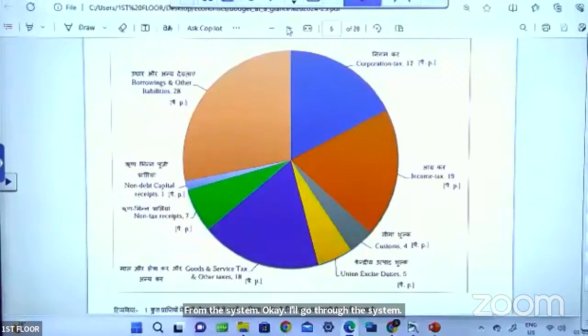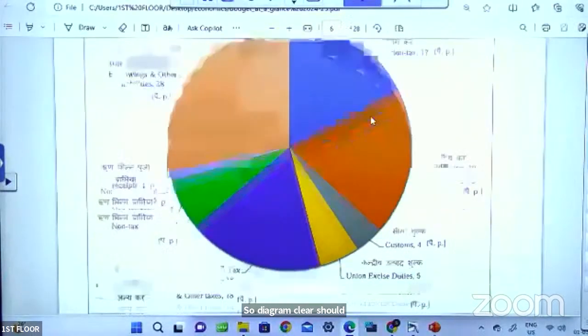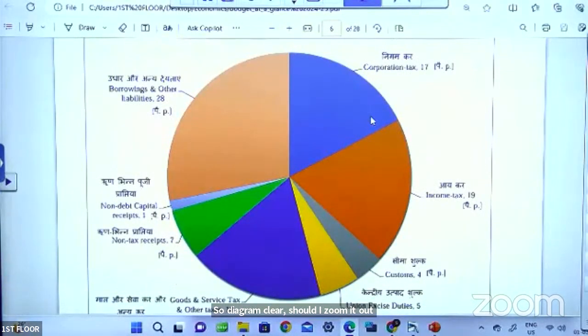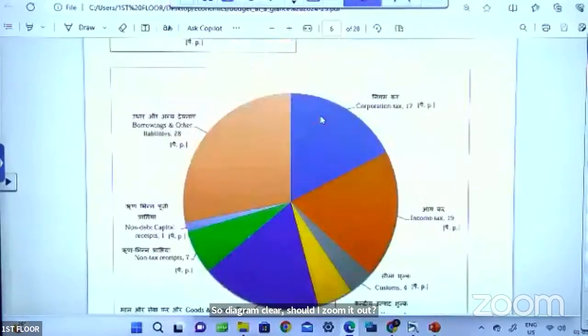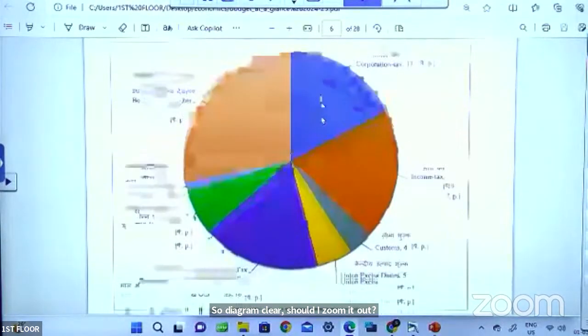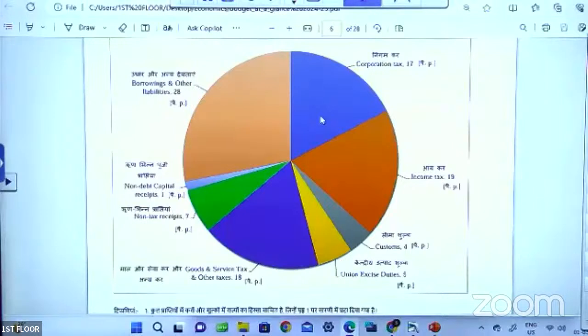Should I zoom it out? The diagram visible? Last row, you're able to see the diagram? No?